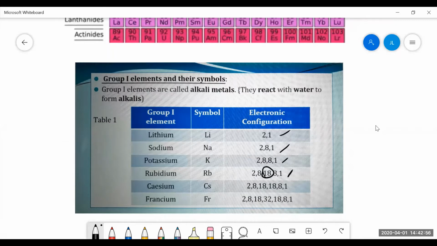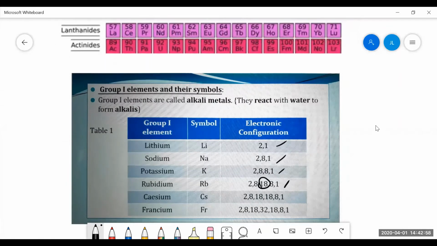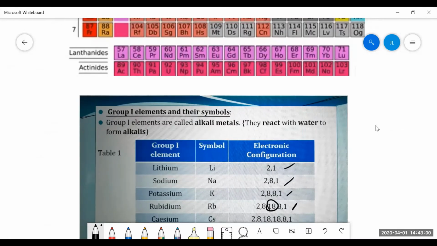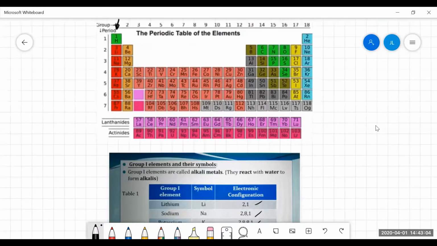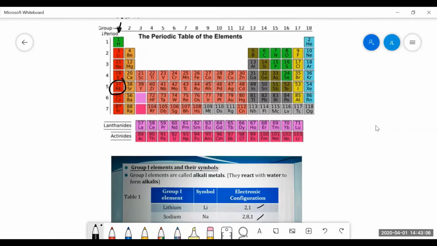How do we get this 18? Sidetrack a bit. Rubidium, where is rubidium? First of all, I need to locate. It is over here. So it belongs to period 5, right? That means it's supposed to have 5 shells.